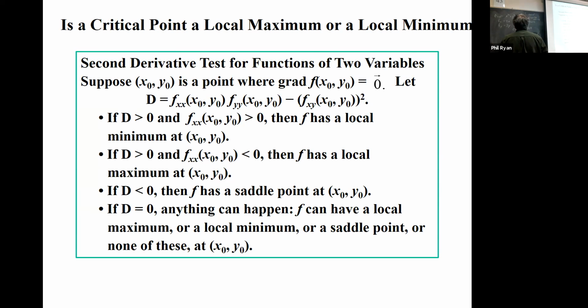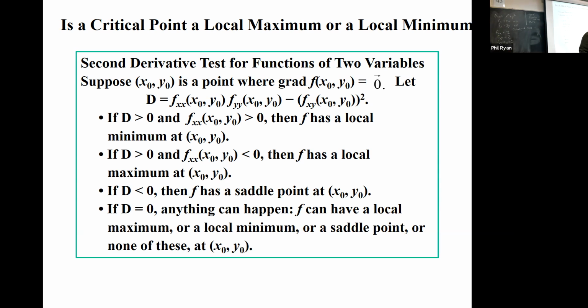We can do the same kind of thing here. We can look at the second derivatives. So fxx equals 2, fyy equals 2, fxy equals fyx equals 0.